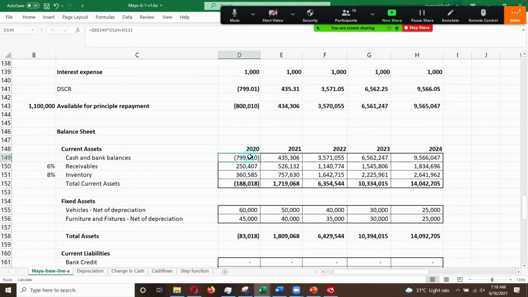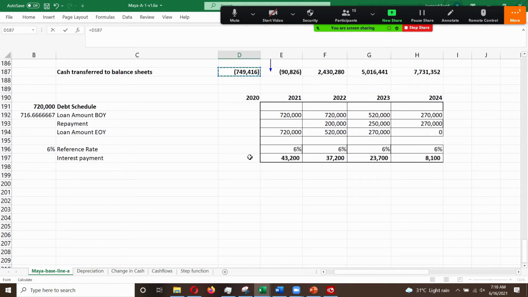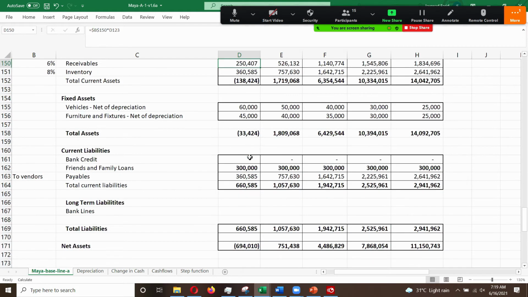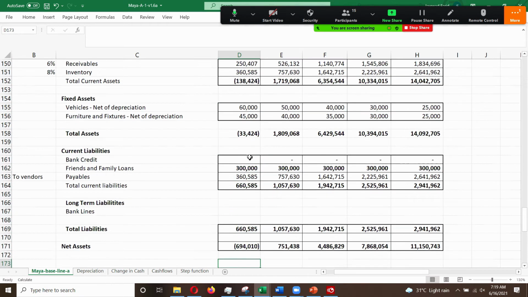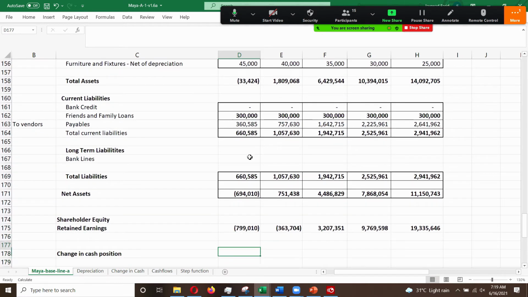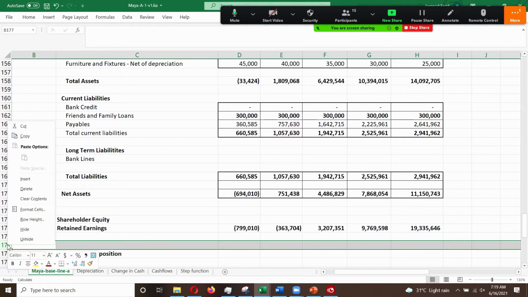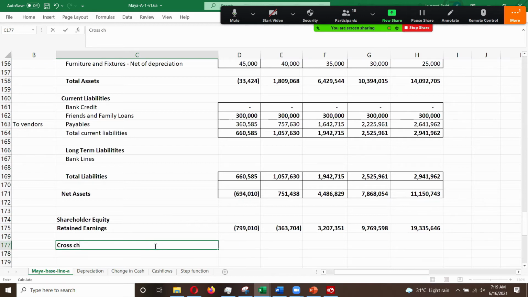So you've got this number here. You plug this in. So this becomes your cash balance. This is your net assets, the difference between assets and liabilities. There is still a difference. One of the key things that you need to watch out for is a cross check. Let's mark this here. What's your cross check?